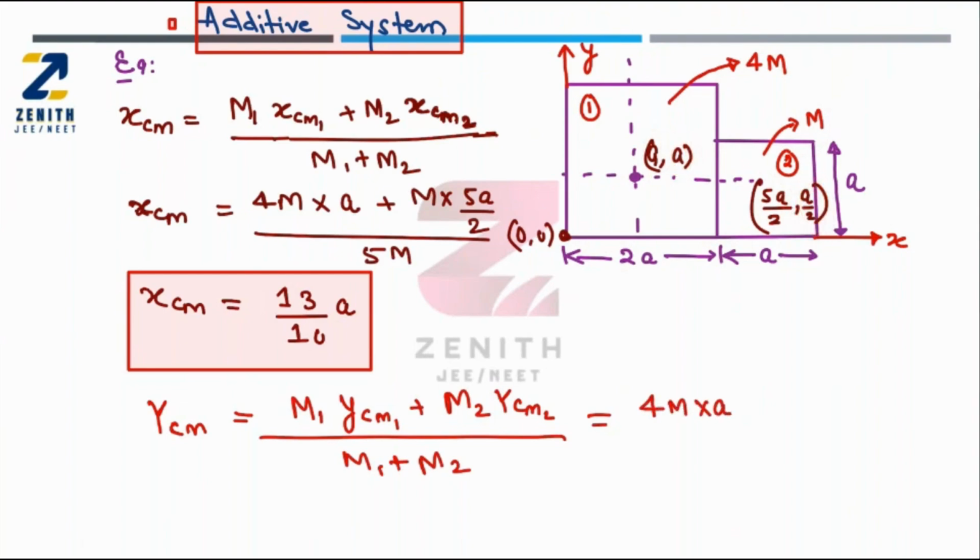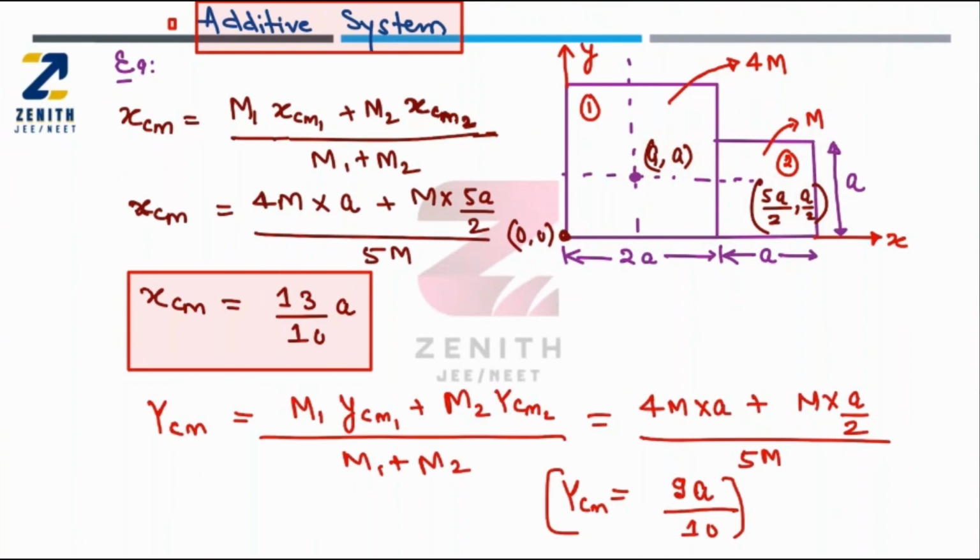So 4m into a plus m into a by 2 divided by m1 plus m2, which is nothing but 5m. If you simplify, you will get 4m, this will be 8m plus m will be 9m. So that means 9a, m will cancel out, 9a by 10. So xcm and ycm you already got, which is nothing but 13a by 10 and 9a by 10.